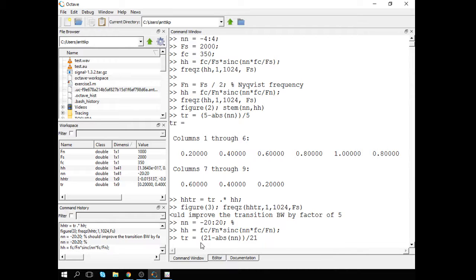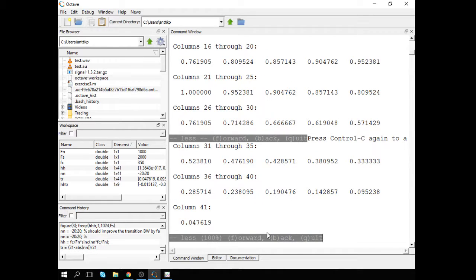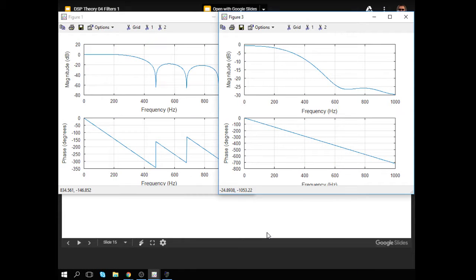Otherwise we are multiplying by 0 at the end, so it doesn't make any sense to add any zeros on either end. Looks like I'm missing something. Okay, I see. Wow.